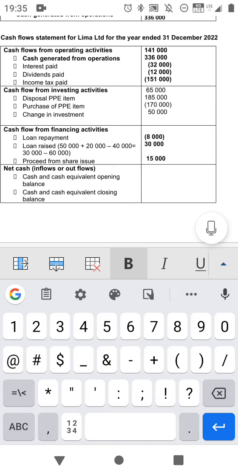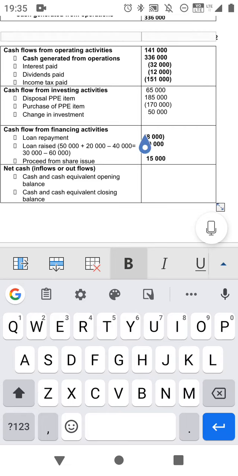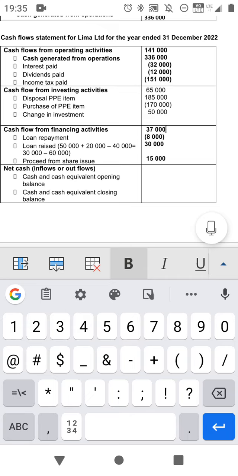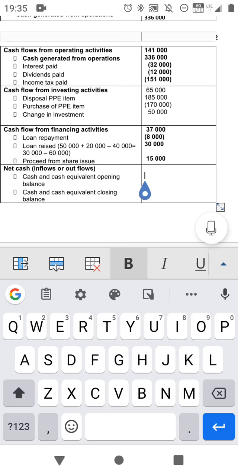15,000. Then after that, you will get the financing of 37,000. Okay, now all in all, you have to calculate and get the net cash inflow or outflow.